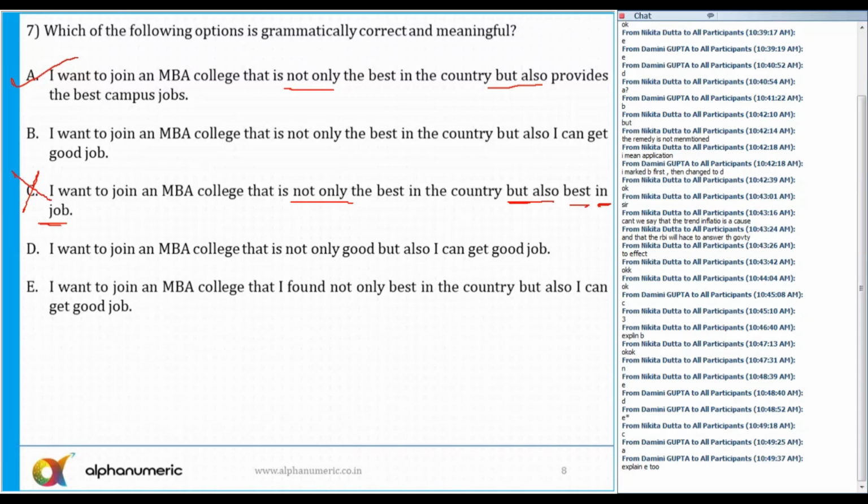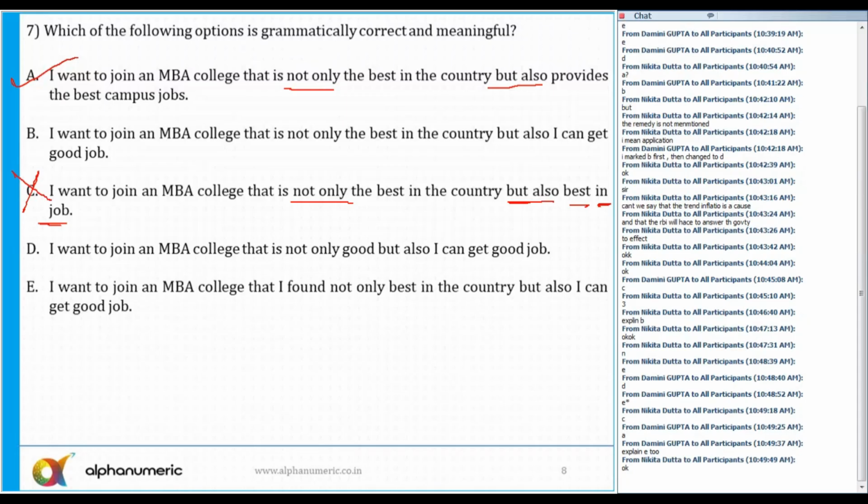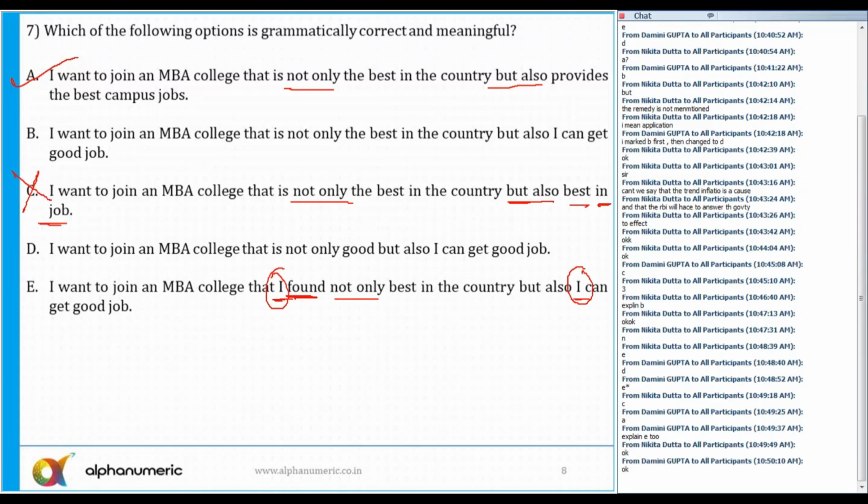Okay, Nikita? Number E. I want to join an MBA college that I found not only best in the country, but also I can get good job. So I found is common, so you cannot have two I's over here. E is not right.